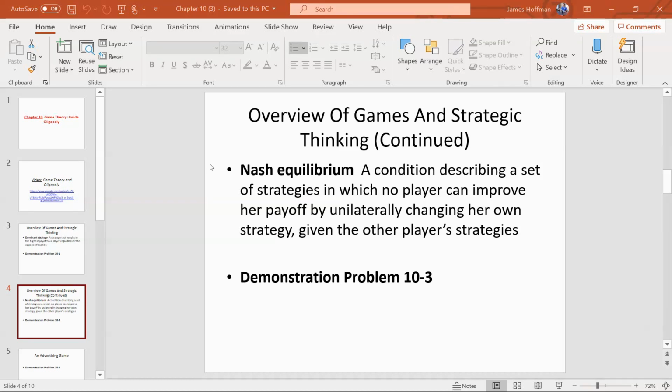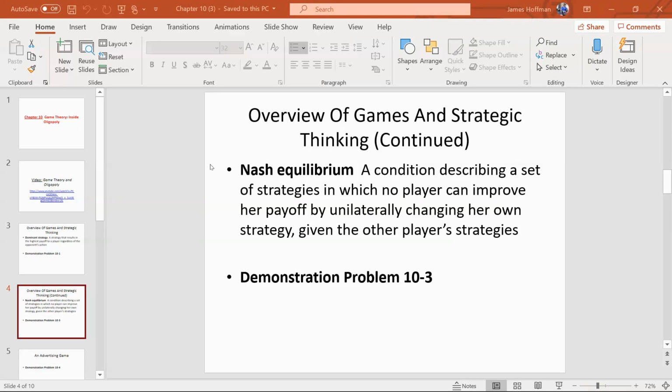John Nash is credited with this Nash equilibrium concept. The same John, if anyone's seen the movie A Beautiful Mind starring Russell Crowe, which came out like 20 years ago or something like that, the mathematician that Russell Crowe portrayed, John Nash, is the same guy who came up with this concept.